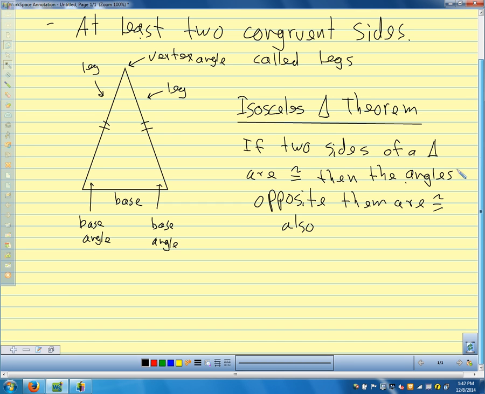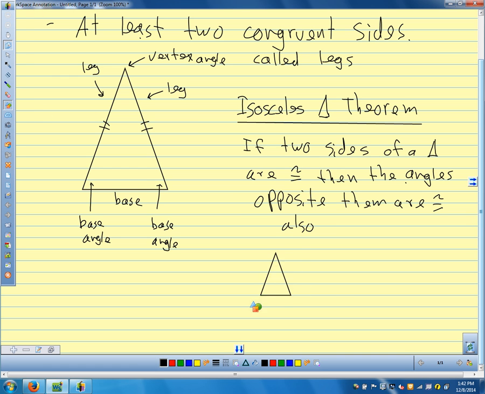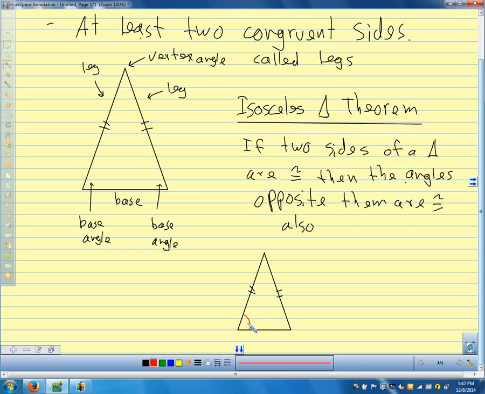So if we draw a picture here, the way I usually think of it is, here's my little isosceles triangle. If we know that these two sides are congruent, that tells us that these two angles are congruent. And I usually think of little arrows pointing across. If these two are congruent, then those two have to be congruent.